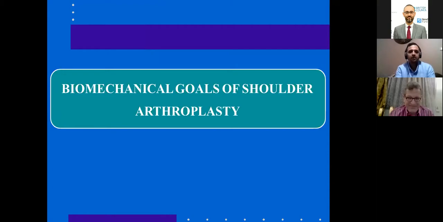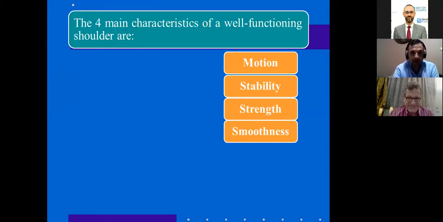In order to do total shoulder arthroplasty, you have to imagine the biomechanical goals of the shoulder arthroplasty. The four main characteristics of a well-functioning shoulder are motion, stability, strength, and smoothness.